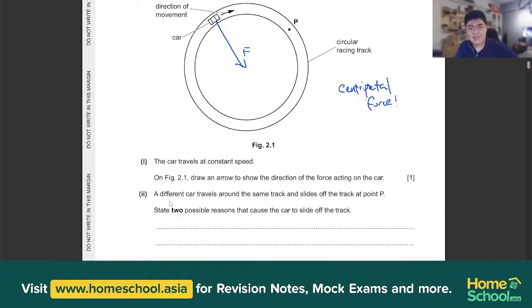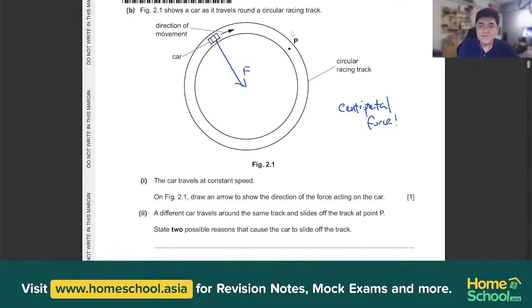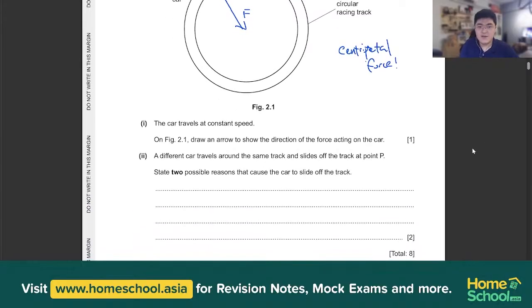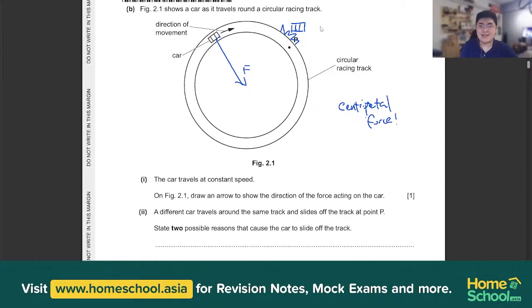Now, the question states that a different car travels around the track and then slides off the track at part P. So essentially, the car did a whoopsie and it flies off at P. So we need to state two possible reasons for the car to slide off the track. Why does a car slide off the track instead of going around in a circle, right?